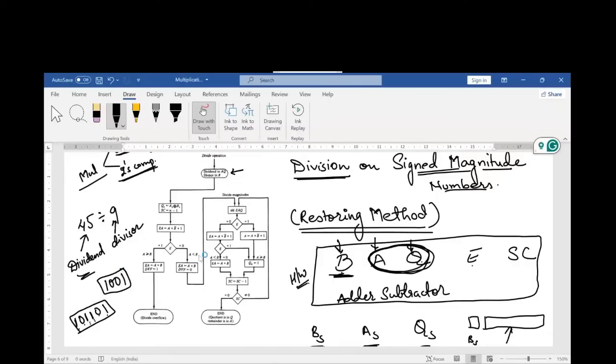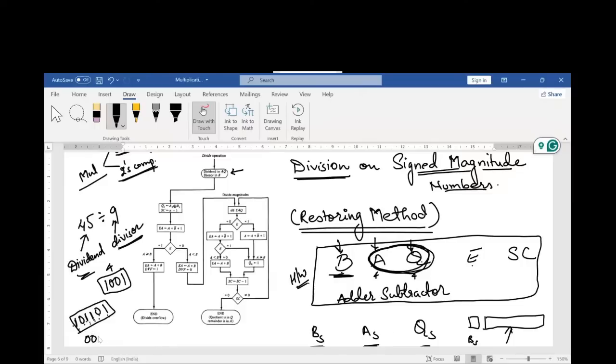Now, as I told you, my registers B, A and Q would be of the same size. This 9 is my divisor, and it is 4 bits. So what should be the size of A? A should also be 4 bits. Q should also be 4 bits. So my dividend in total should have how many bits? 8 bits, 4 plus 4. So we will append two zeros on the left hand side so that I can make this 8 bits.